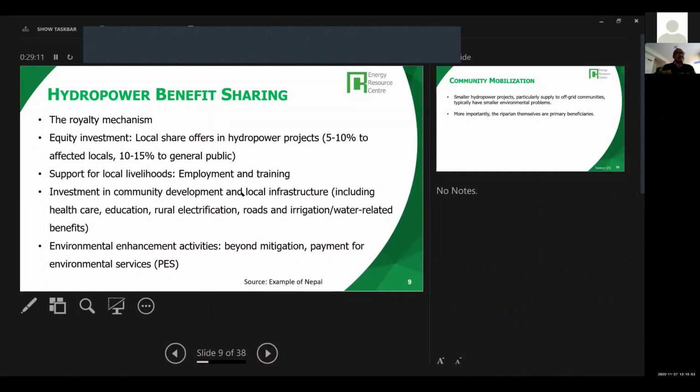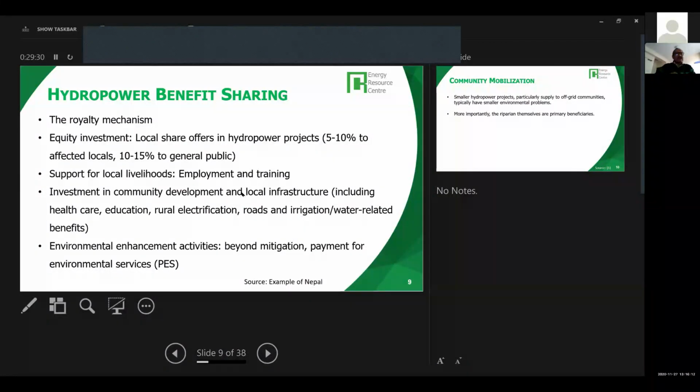Then employment and training and other livelihood support programs are also carried out by these hydropower projects. Hydropower projects also invest in community development and local infrastructure, including healthcare.